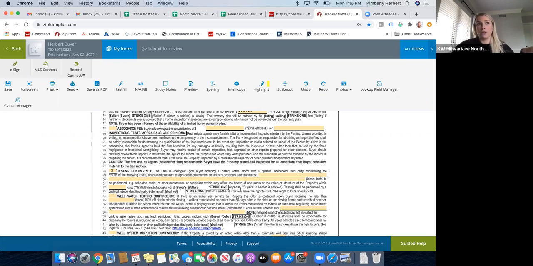So even if they have an inspection contingency and the inspector recommends, hey, I see something that looks like mold, I recommend getting this tested, if they don't have this testing contingency, the buyer technically cannot test. That's one of the biggest things that comes up, mold or asbestos, where you don't think you're going to find it and then you do, and the buyer's like, oh crap, I want to be able to test for this.